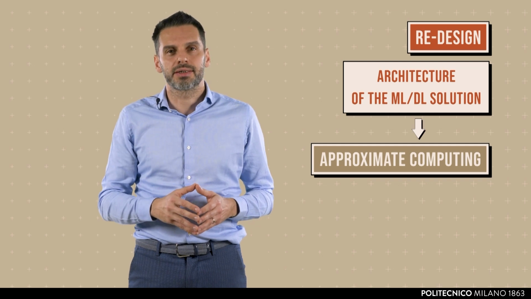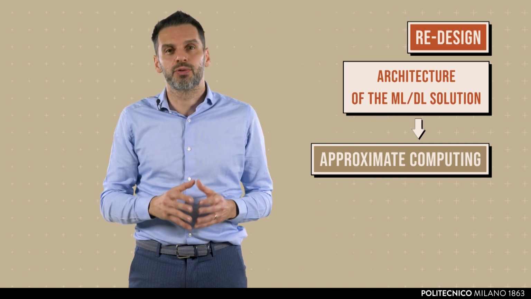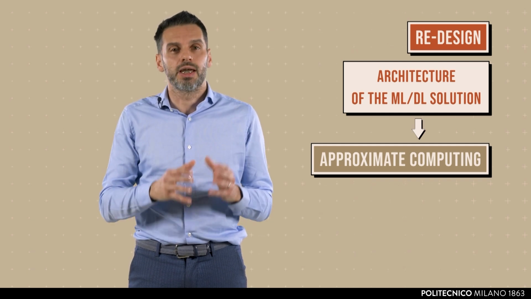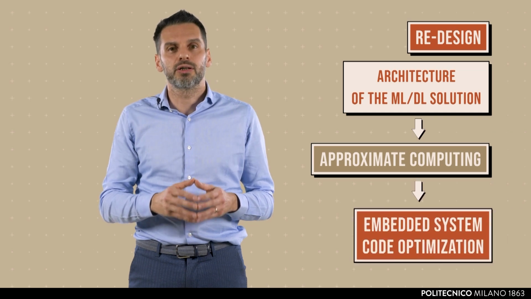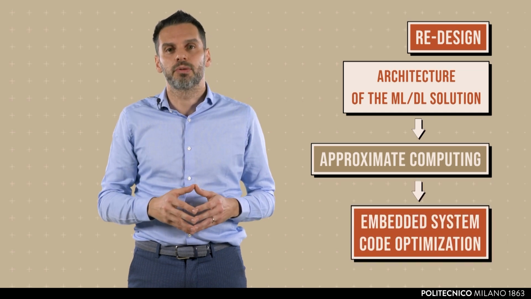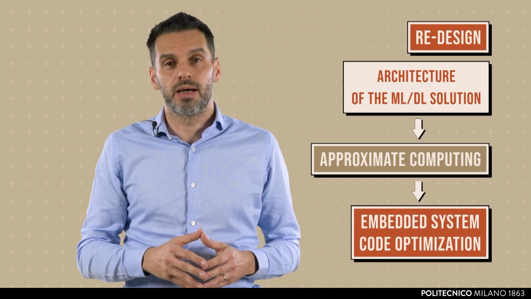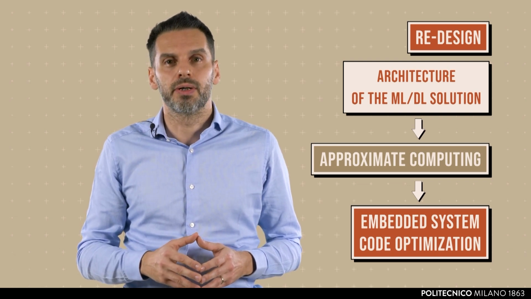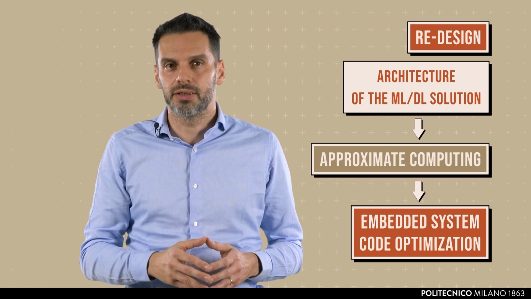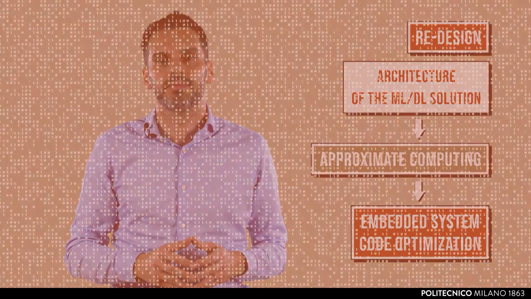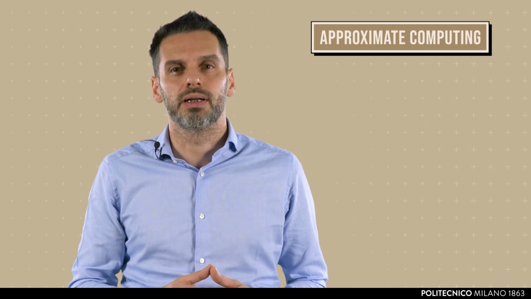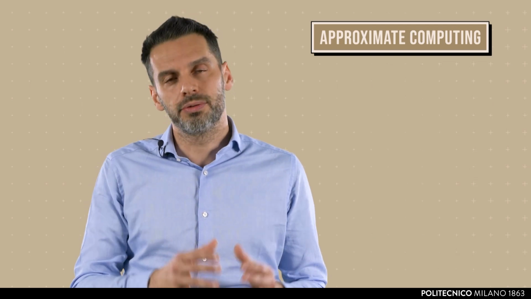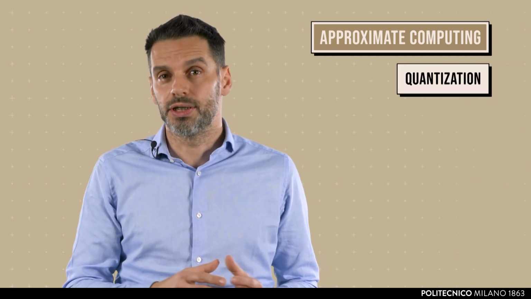But this is not the last step in the design of AI solutions for IoT, since quantized and pruned models can be further optimized for a given target hardware platform. This step, which is typically hardware dependent, is typically carried out through ad hoc compilers integrated with the development tool chains. But let's focus our attention on the approximate computing and in particular on two specific mechanisms, quantization and pruning.